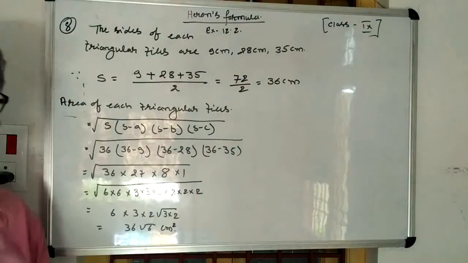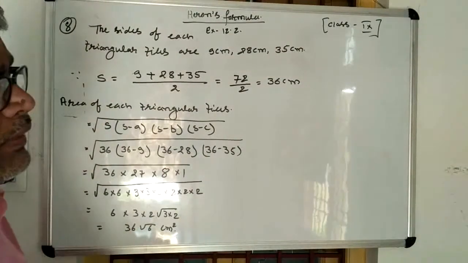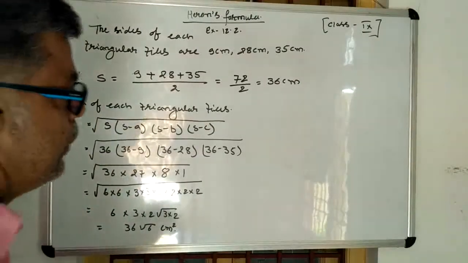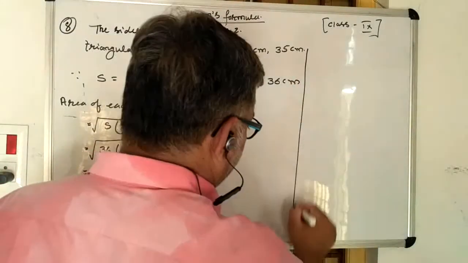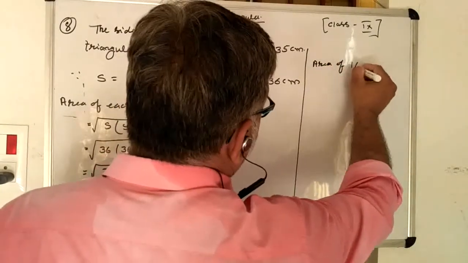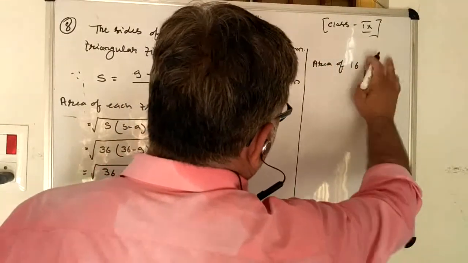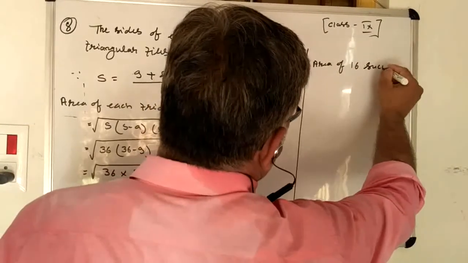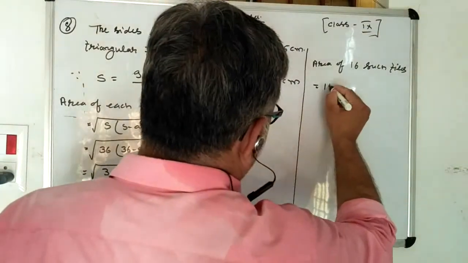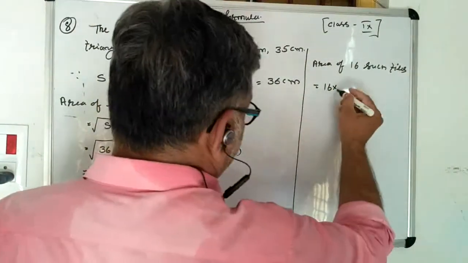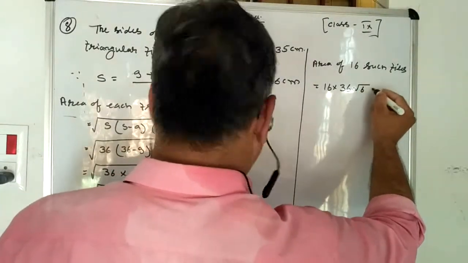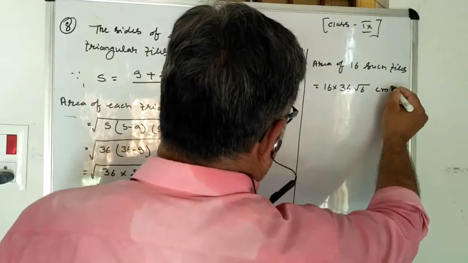Now there are 16 triangular tiles in the design. So you calculate the area of 16 such tiles, which equals 16 into the area of one tile, that is 16 into 36 root 6 centimeter square.